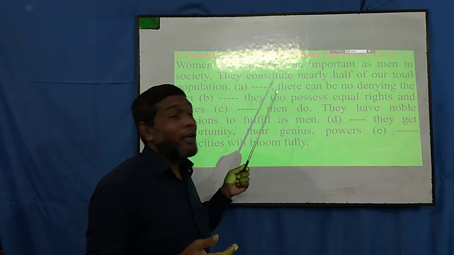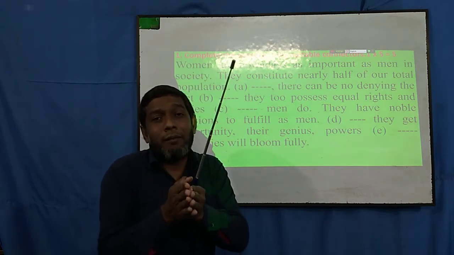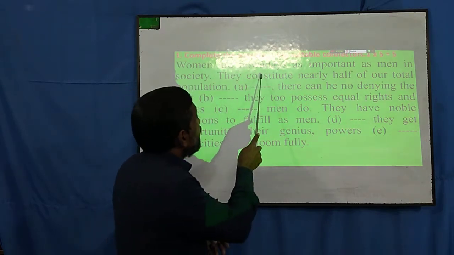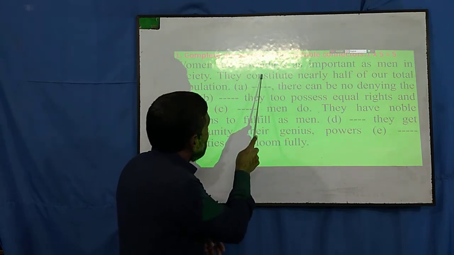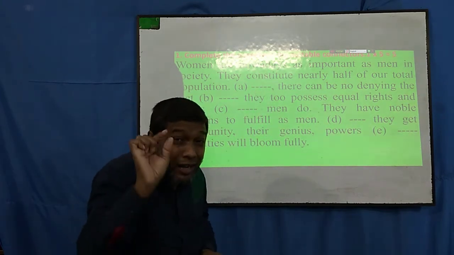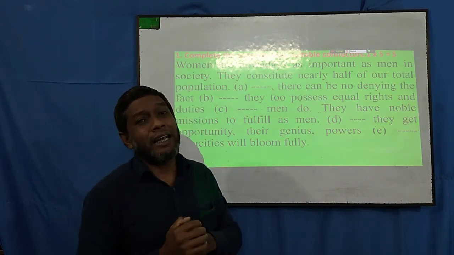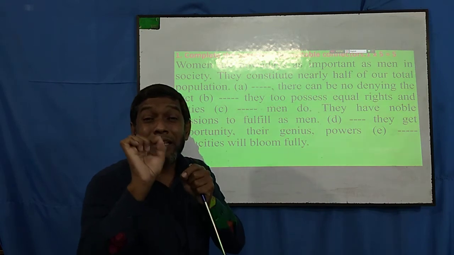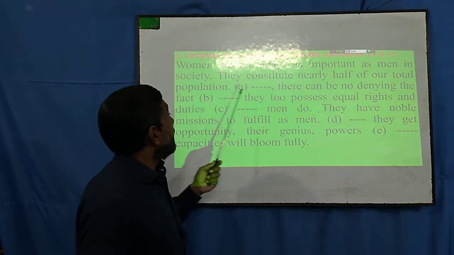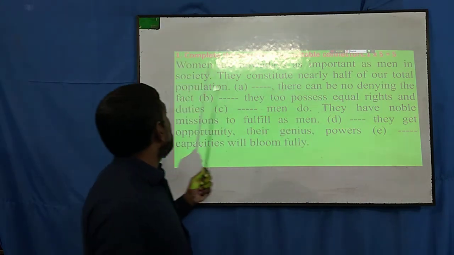If you use "so", then a relation will be formed with these sentences, and my answer will be right. That means to keep the relation with the previous sentences and the next sentence, if you read attentively, you can get a clear idea. So we have to use "so".